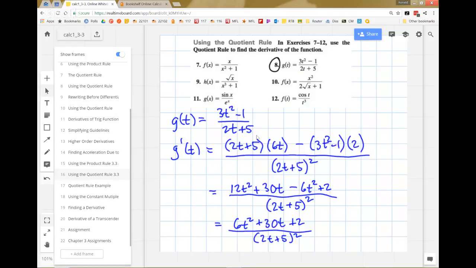Quotient rule says take the denominator times the derivative of the numerator, minus the numerator times the derivative of the denominator, all over the denominator squared. Then just do simple algebra 1 to multiply and bring like terms together, and you finally arrive at the derivative.